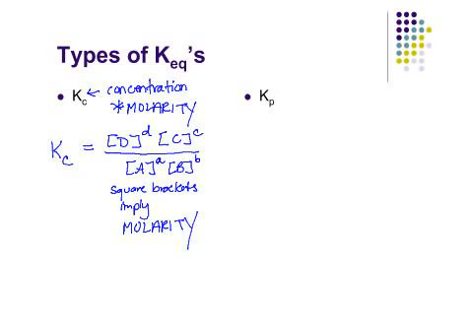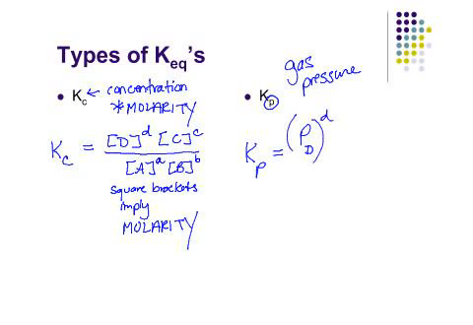All right. What do you think a P means in Kp, George? Pressure, right? So if you're working with gas pressures, you can write your KEQ expression and do the calculations based on the pressures of the gas involved. What pressure is, the partial pressure due to each gas. Now, when we write a Kp, we can't use square brackets. So you might write the pressure of gas D raised to whatever power.